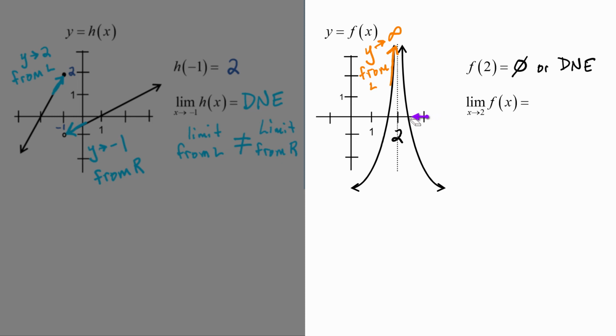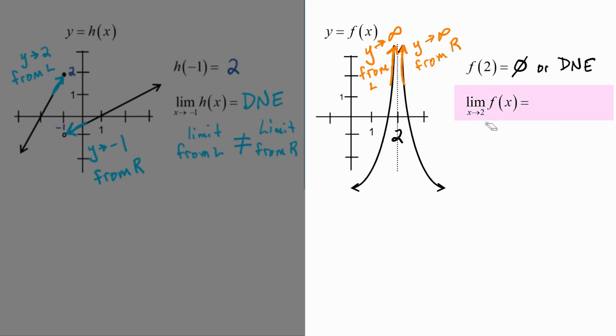Coming in to the right of x equals 2, we would be on this part of the function, and once again, y is approaching infinity as x approaches 2 from the right.